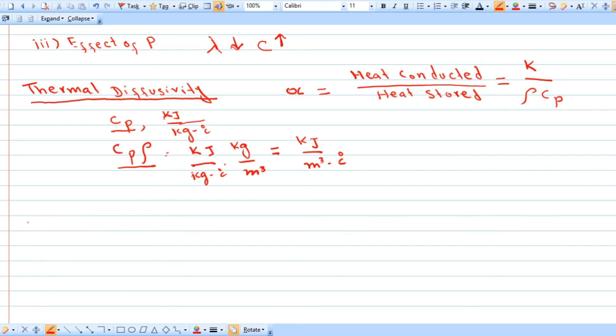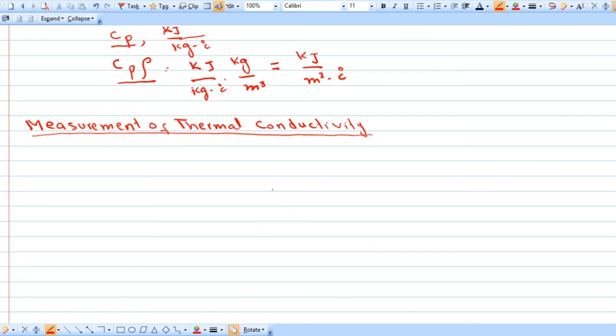Thermal conductivity of a material can be measured experimentally by an experimental setup which can be shown here. If we want to measure thermal conductivity of a material, then we will take a sample of the material and we will insulate all three sides by a perfect insulator.